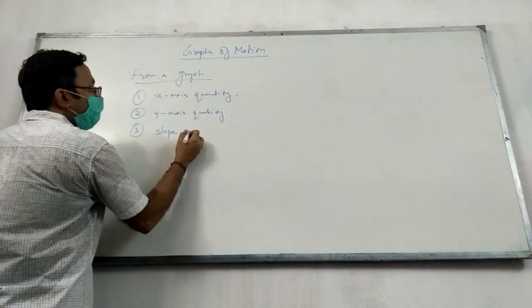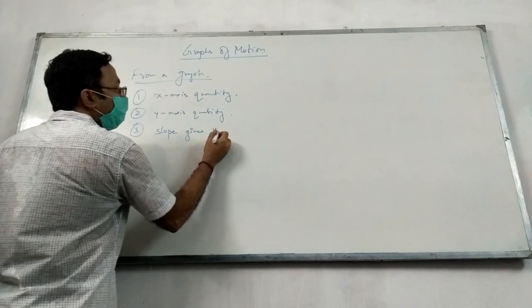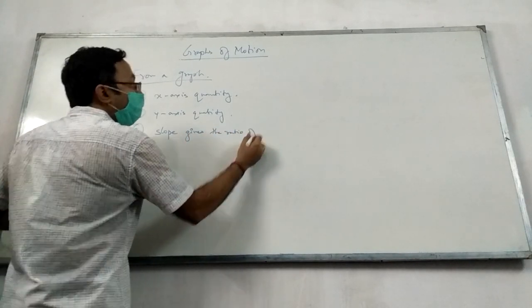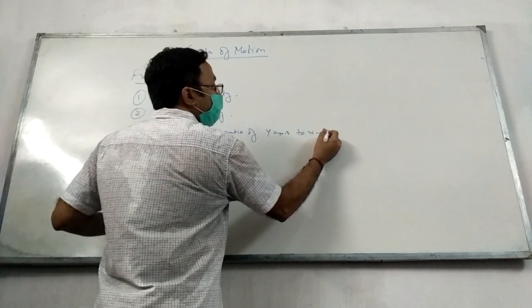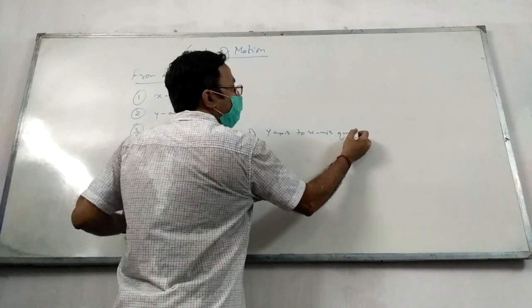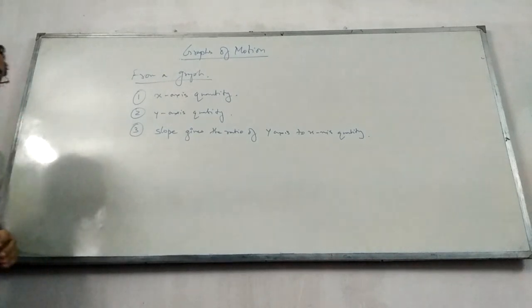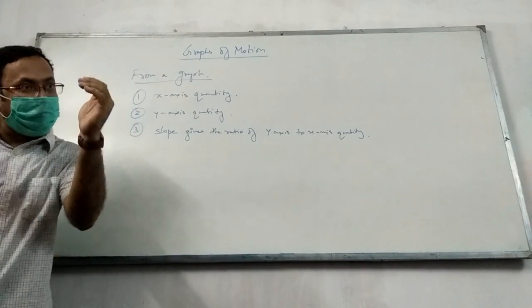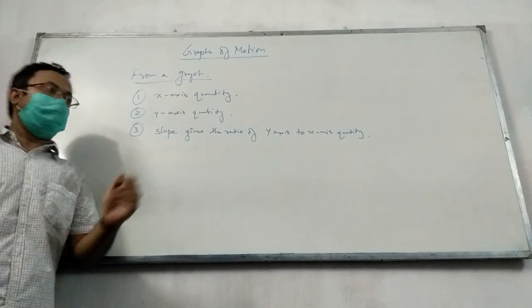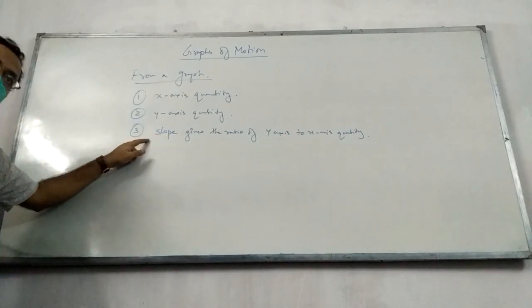Slope is what? Slope gives the ratio of y-axis to x-axis quantity. You understand? So if you wish to find a quantity which is the ratio of y-axis to x-axis quantity, you go for slope.